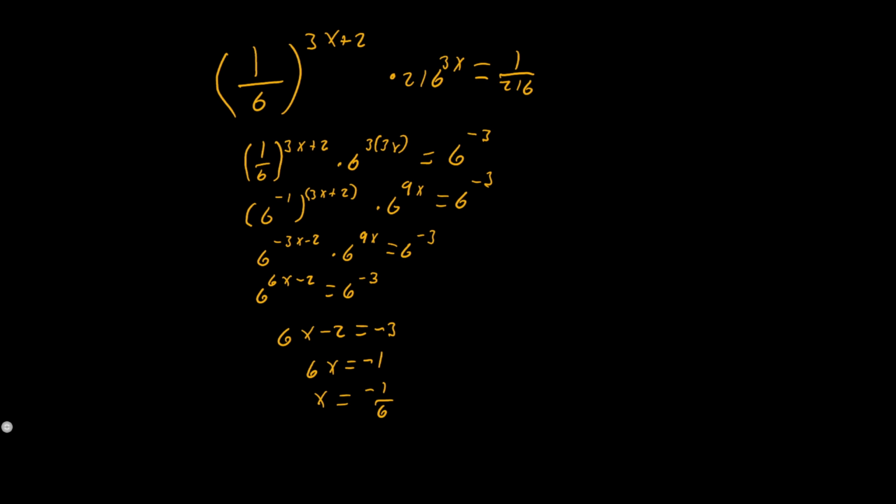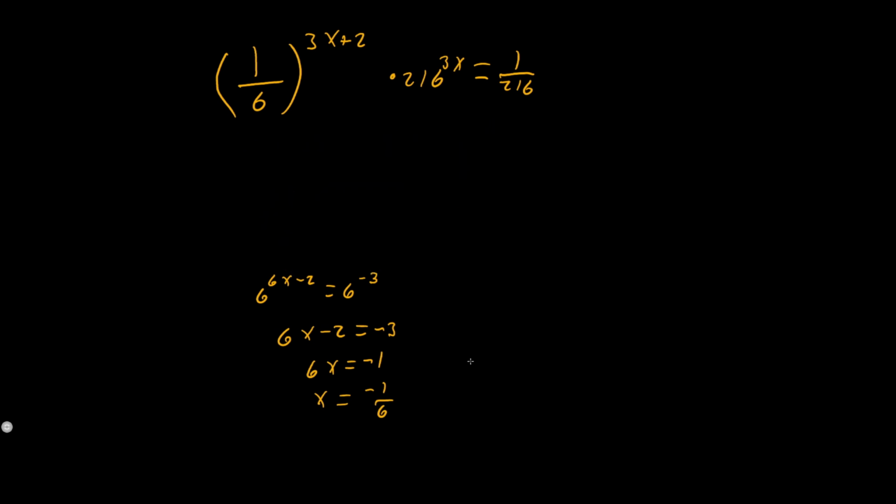So we can go ahead and clear up some space and verify our solution on one of the equations that we have. We're going to verify it on the one that I left on top.